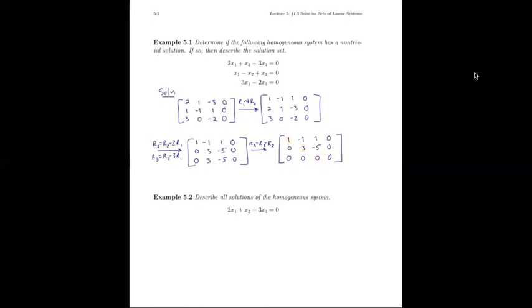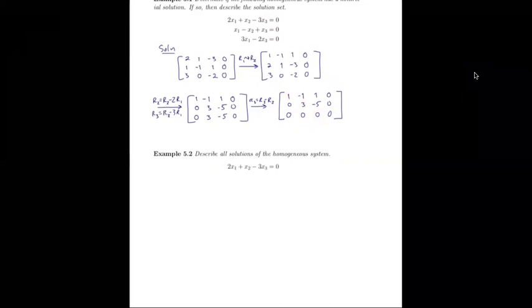So I'm going to take this one step further to reduced row echelon form. I'm going to do that by dividing this row 2 by 3. And I'll just simply write it down instead of all the notation. 1, -1, 1, 0. We'll have 0, 1, -5/3, 0, 0, 0, 0, 0.